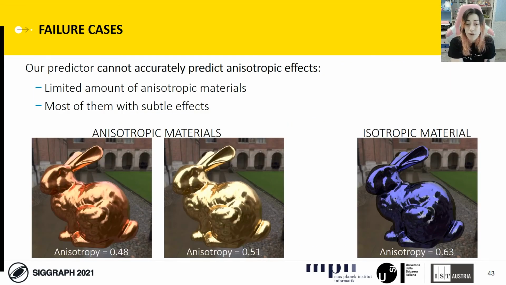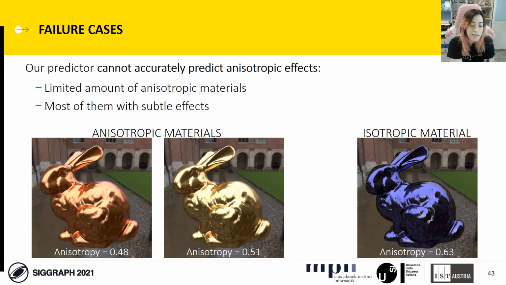We have also found that in general, our predictor cannot produce reliable predictions for anisotropic effects. The predictor is able to produce medium or high ratings for anisotropic materials, for example, the two images on the left, but it also produces high values for anisotropy for similar but isotropic materials, such as the image on the right.